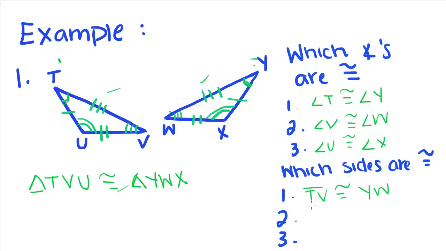Segment VU has to be congruent with WX. 2, 2, we're good. And that means that UT or TU, either way, is congruent to YX, which TU is right here, YX is right here, so we're good.